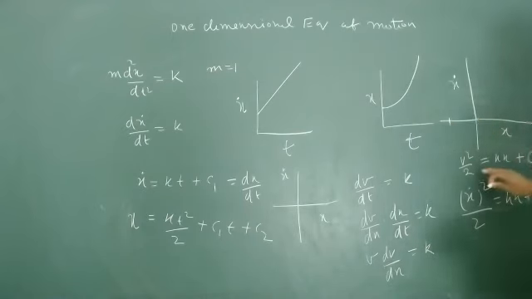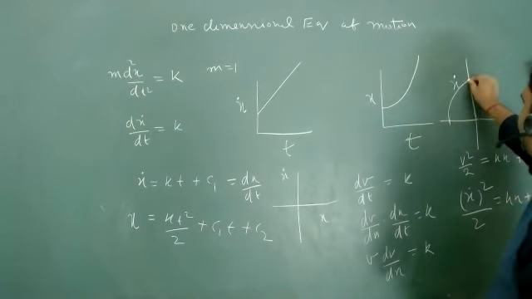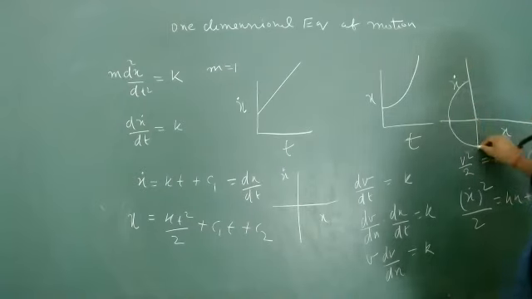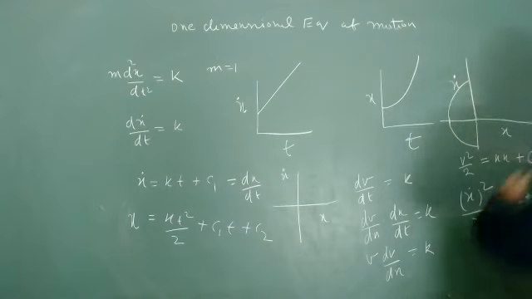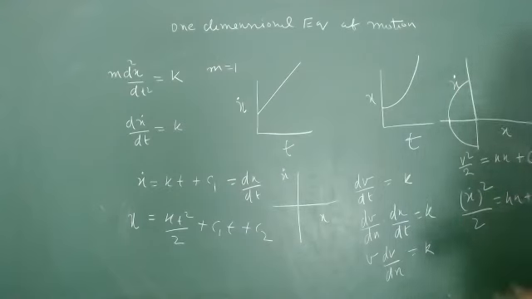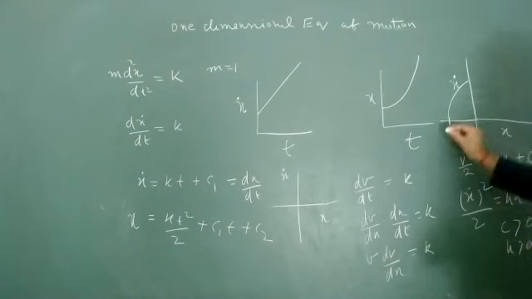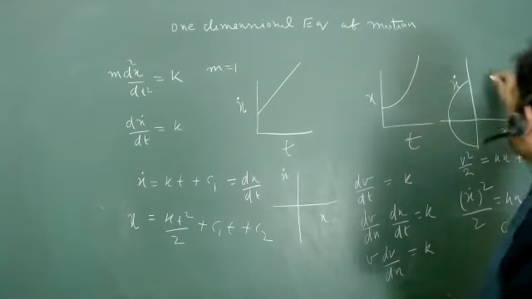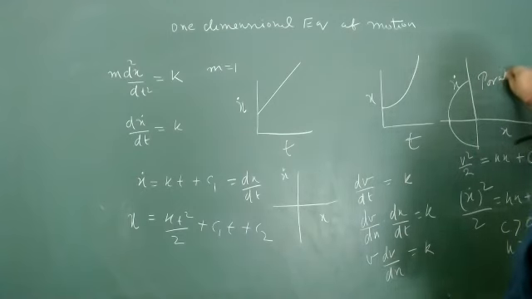And when x is equal to 0, then v is equal to plus minus root under c. This is parabolic in nature. And if c is negative, then this curve will be on this side. So I have taken c greater than 0, k greater than 0. So this sort of curve is there. So this is parabolic.